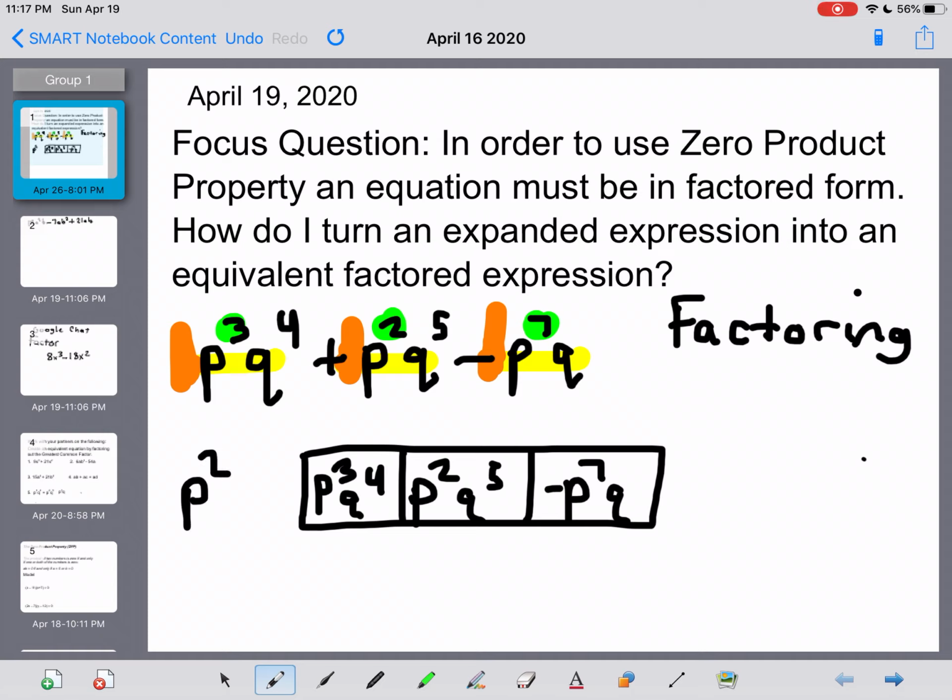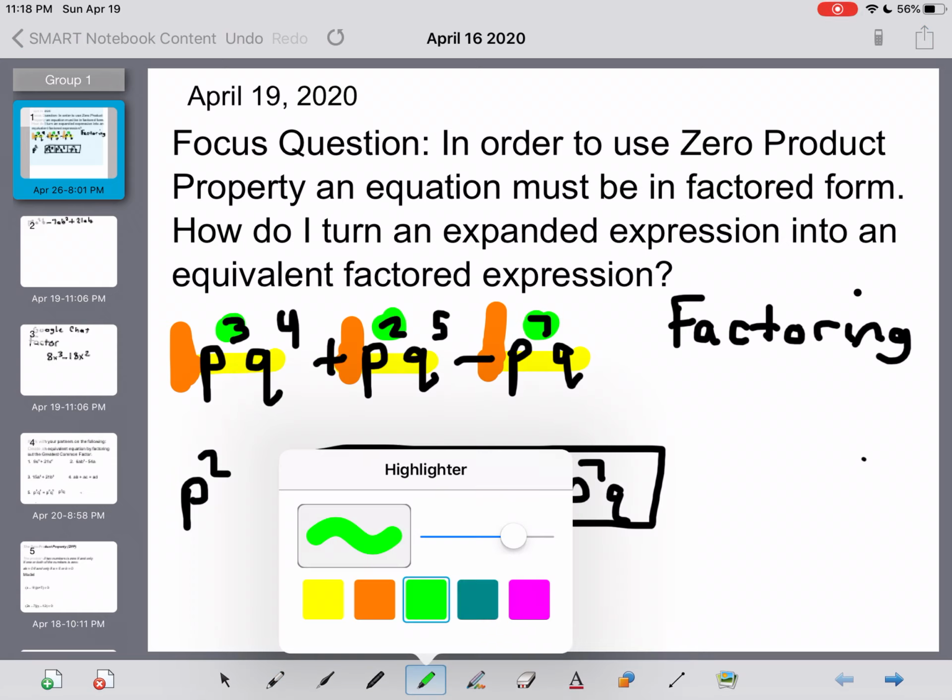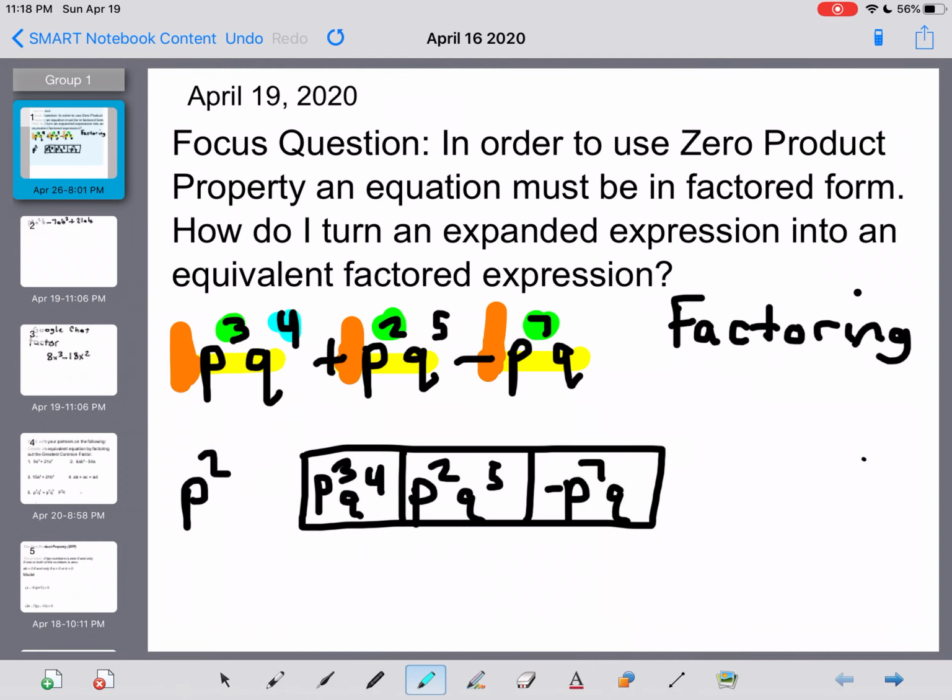Now I look at that other part of the term, the q. So there's 4 q's in the first one. Let me change the color on this. Let's go blue. We have 4 q's in the first one, 5 q's in the second term, and in this case, because there's no exponent, it's an exponent of 1 on the q variable.